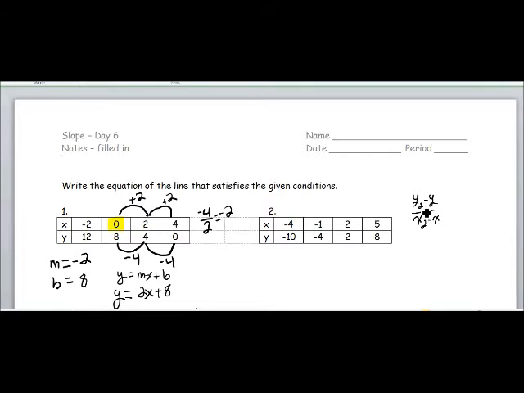That simply means the y value from point 2 subtract the y value from point 1. So let's say that we call this point 1, and this will be point 2. So now all I have to do is fill in. So I'm going to take my second y value and subtract my first y value.